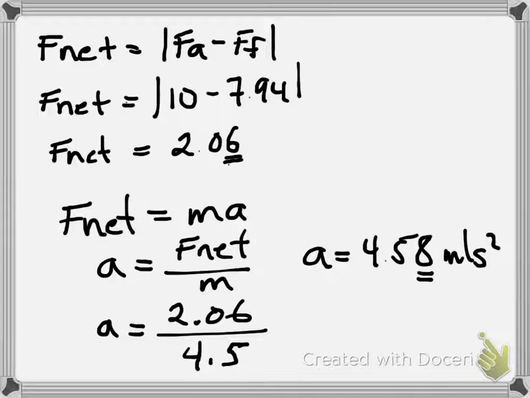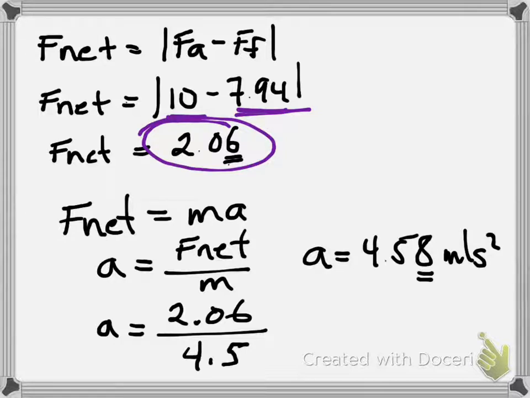Now, I can use that information to figure out my F net, because in the question it states that we are at 10 newtons, right? That's that constant, or constant applied force. We just calculated our frictional force using our frictional coefficient, and so the difference between those two is our F net, and this is all to do with acceleration.